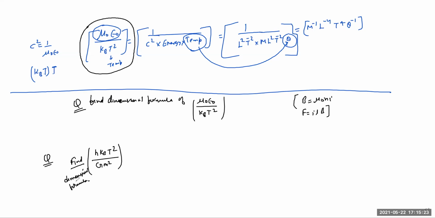So you know what H is. H is the Planck's constant. T is the temperature. G is the universal gravitational constant. M is the mass. H is the Planck constant. Kb is the Boltzmann constant. Try doing it smartly.